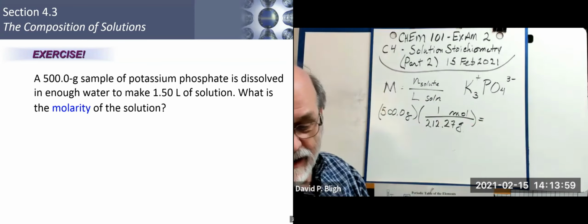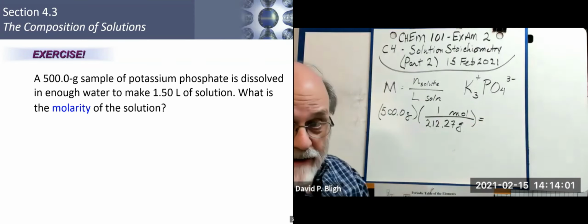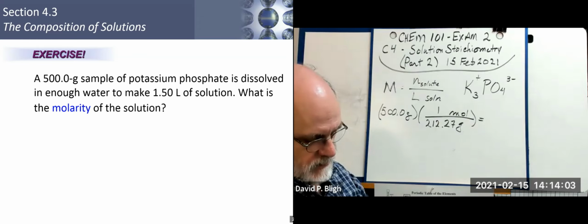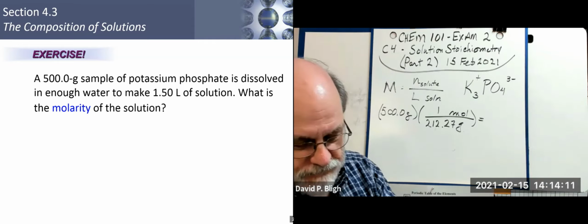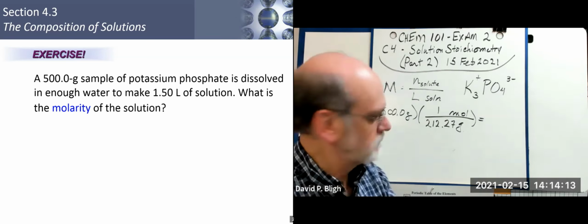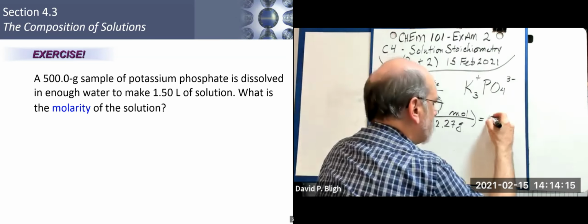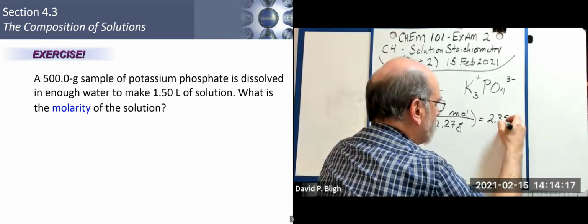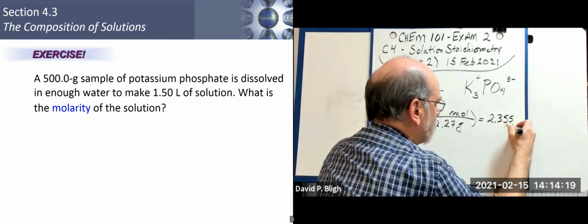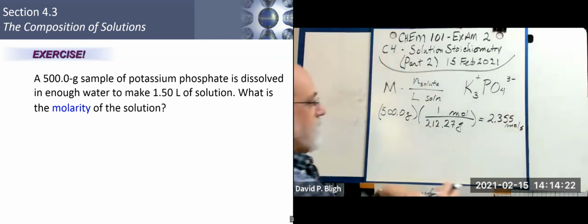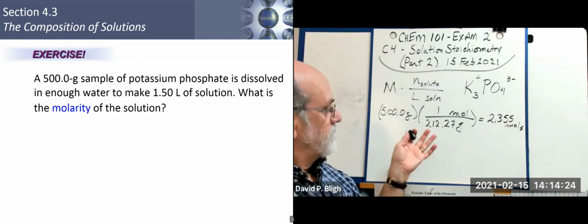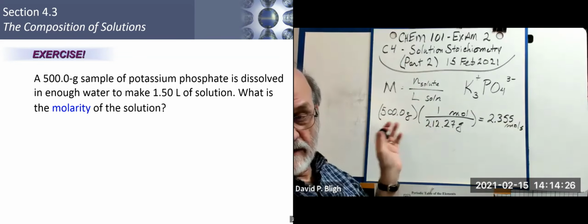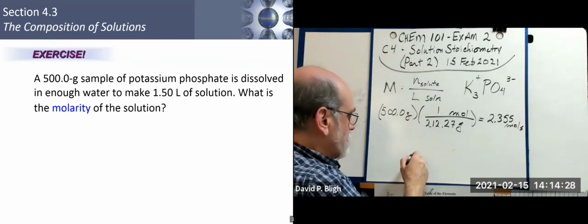So we divide that number into 500. We get 2.355. Now it's simple. You know the volume is 1.5 liters.